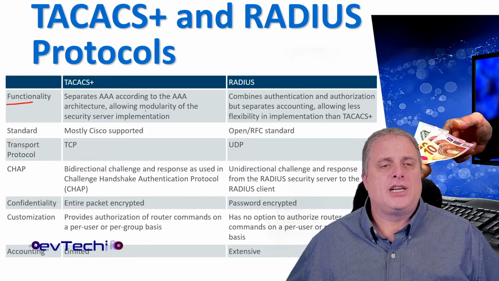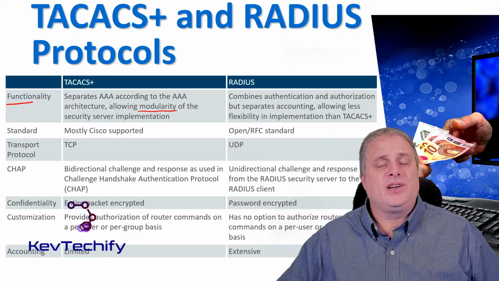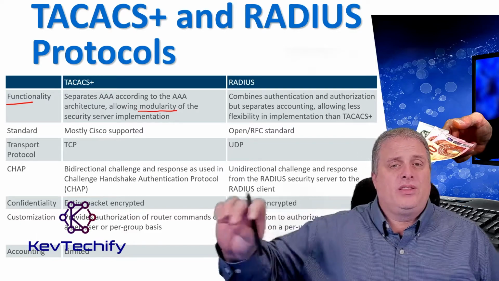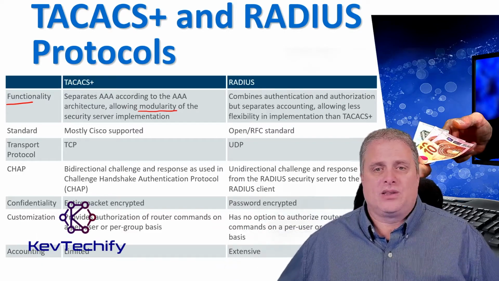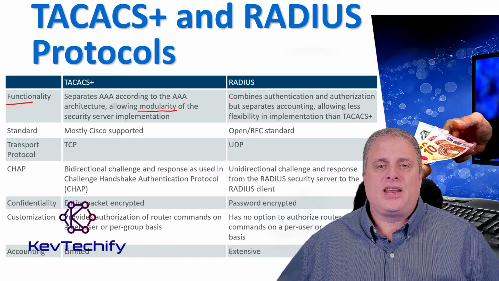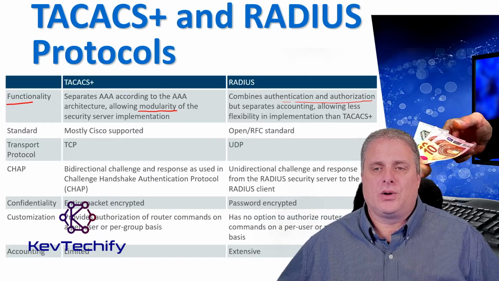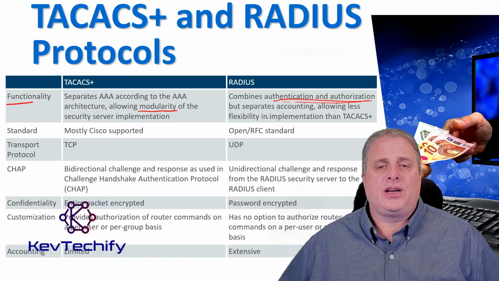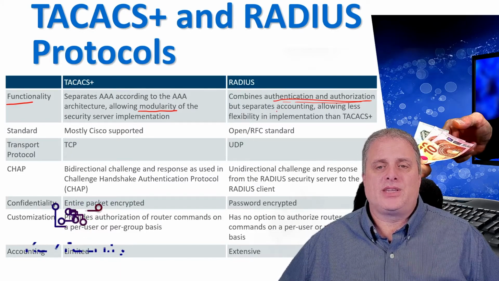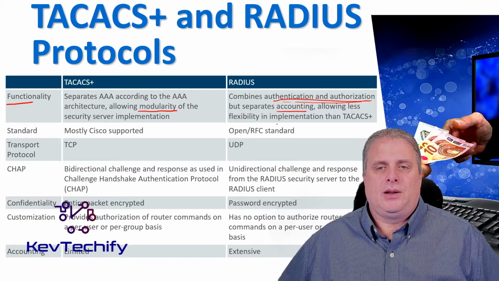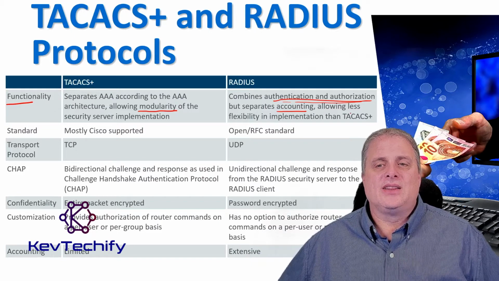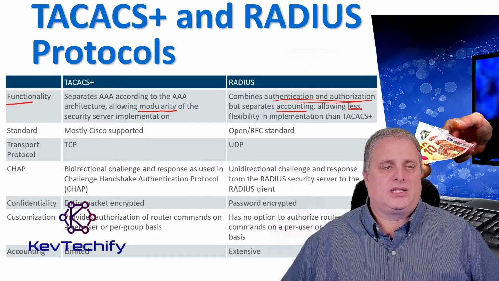So you can put different components in each of the different A's. RADIUS, though, combines authentication and authorization, but it separates accounting. And because of that, it has less flexibility than a TACACS+ server.